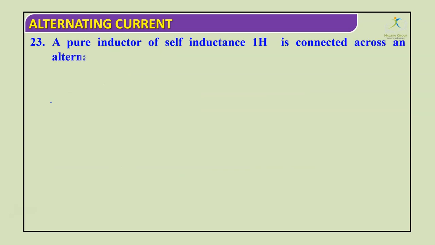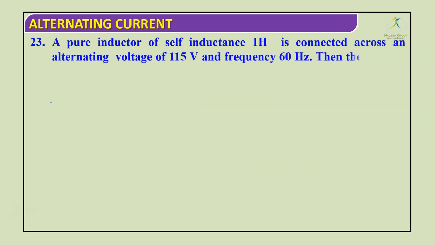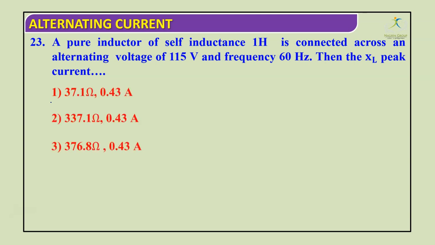Next question we have. A pure inductor of self-inductance 1 Henry is connected to an alternating voltage of 115 volt and a frequency of 60 Hz. Then find X_L and the peak current; we have these options.